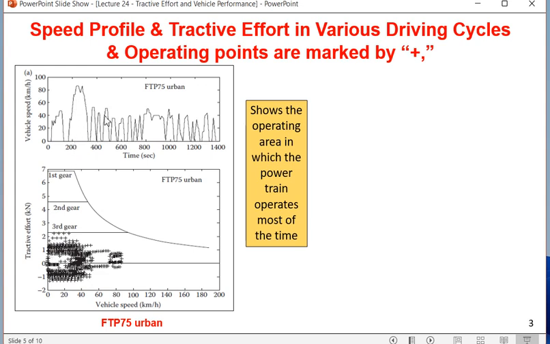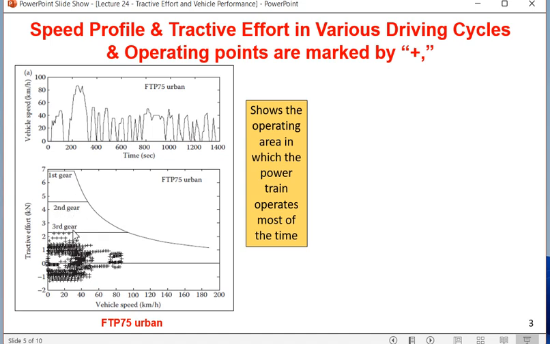So this is how the drive cycle is analyzed. At the top there is a simulated drive cycle, and below there is the gear with respect to the drive cycle and the tractive effort produced. Tractive effort in first gear: you are finding almost 7 kilonewton is produced by first gear. Whenever the vehicle is in second gear, it is producing around 4.5 kilonewton.